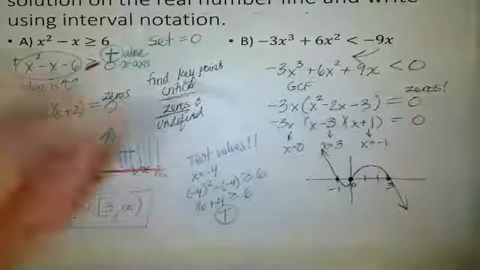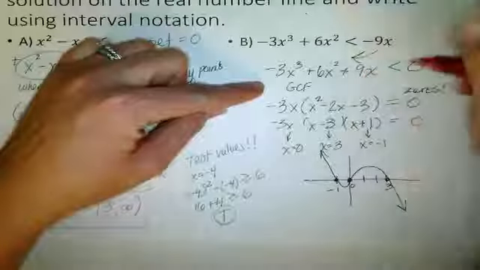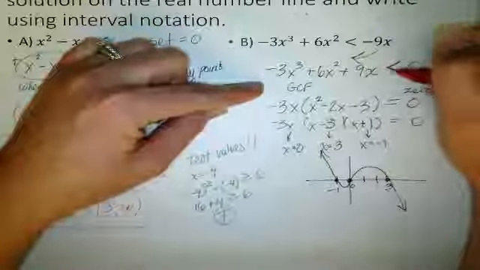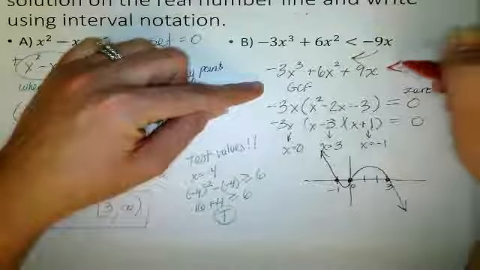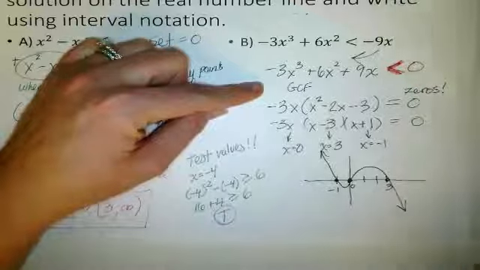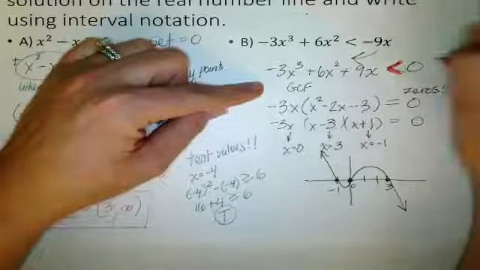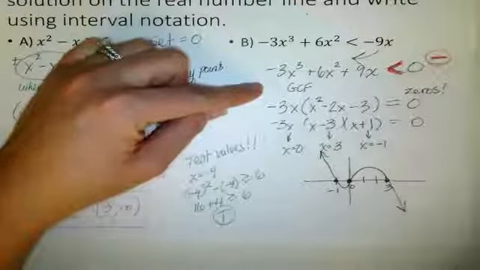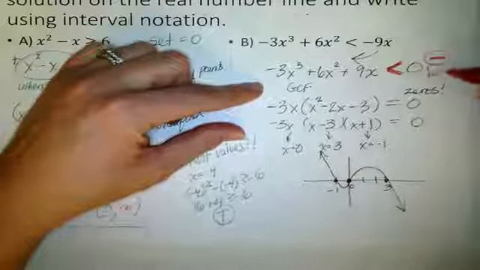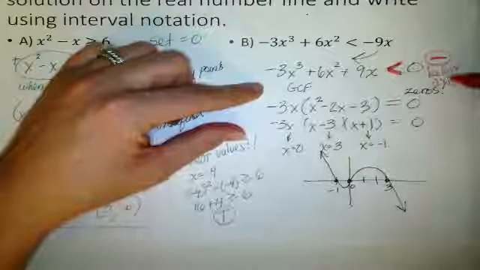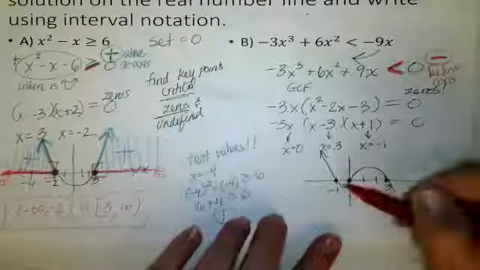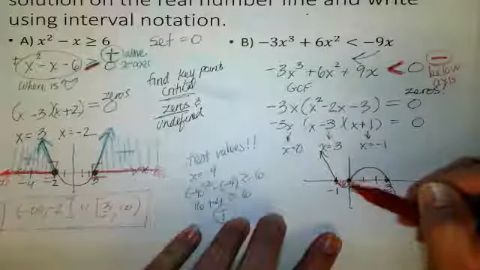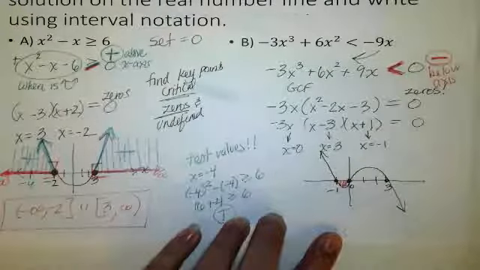And on this one, we want to know, where is our polynomial less than 0? What does that mean to be less than 0? Negative. We're looking for where our polynomial is negative, or where it is below the axis. And so I can see that pretty clearly. Right in this area, our polynomial is just under the axis.